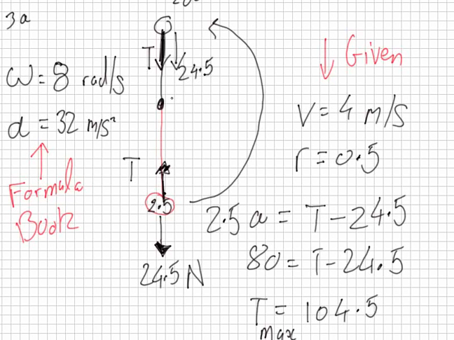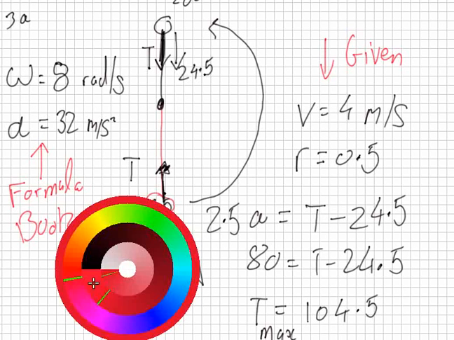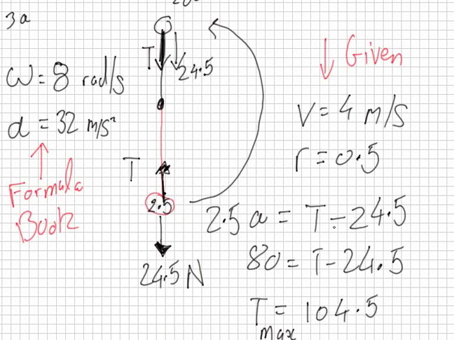Slow down. First realize that the only difference at the top is that the total force is T plus 24.5, whereas at the bottom it's T minus.